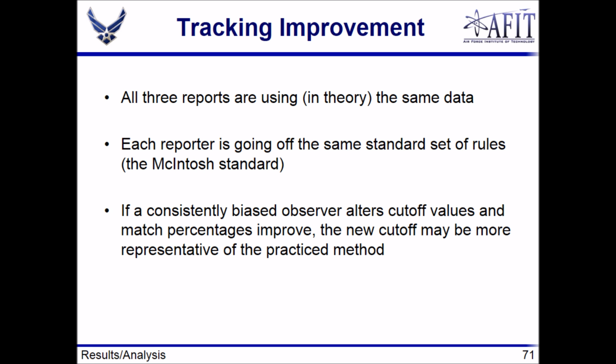And so if we have a consistently biased observer, which is the SDO code, a code that does it the same way every time, and we alter the cutoff values associated with the specific McIntosh parameters, and we actually improve the match percentages, then the new cutoff values that we are using may actually be more appropriate. They may be more representative of the practice method that is used at Holloman.